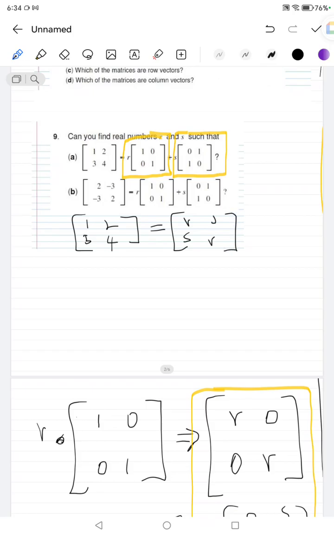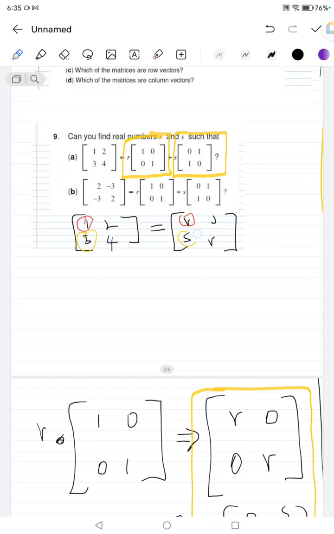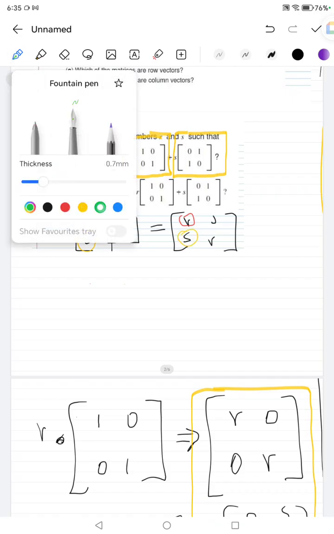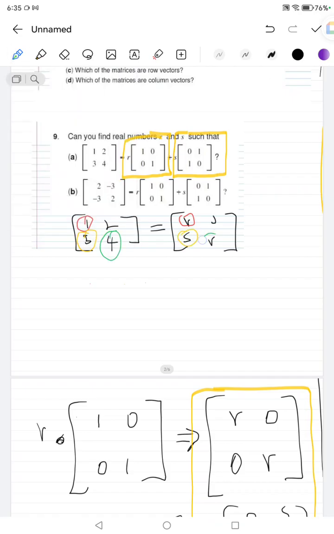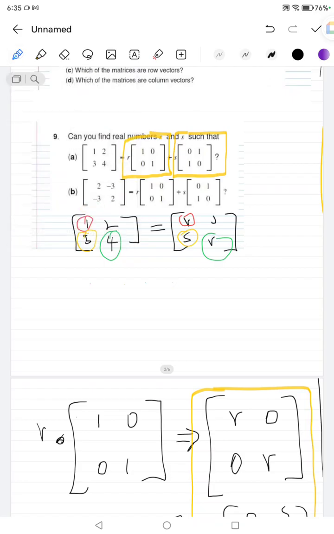So this one, they're going to be matching one another. You see?